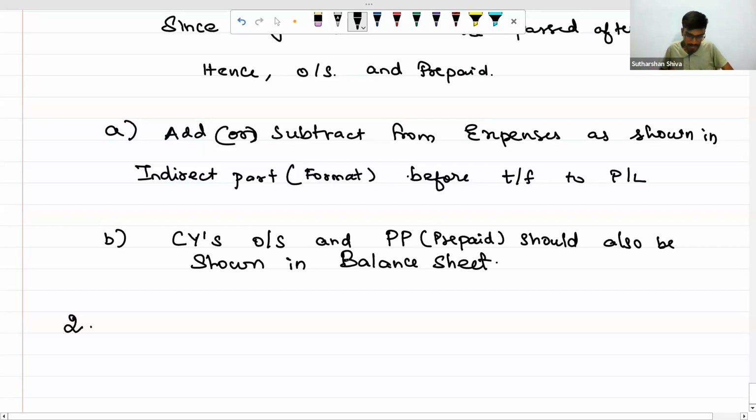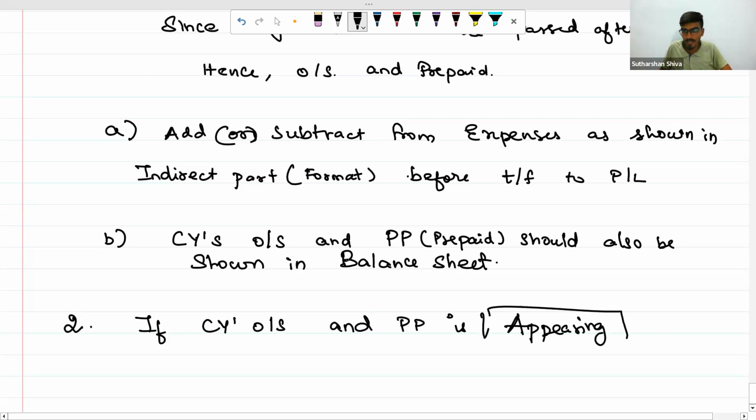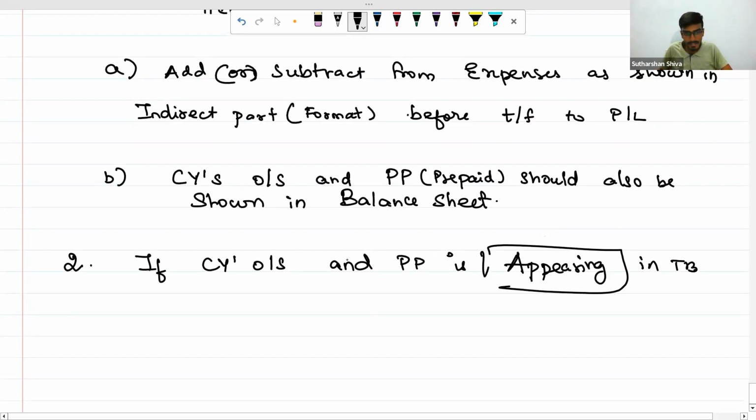Then the second one: if current year's outstanding and prepaid is appearing in the trial balance, what do you need to do? It is already appearing in the trial balance, which means adjustment entries are already passed.